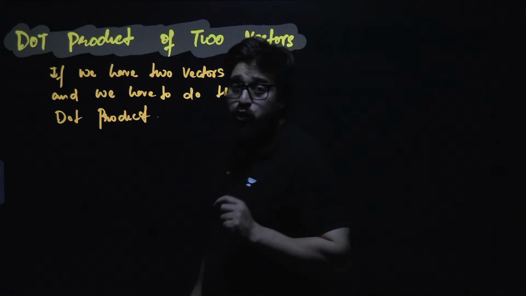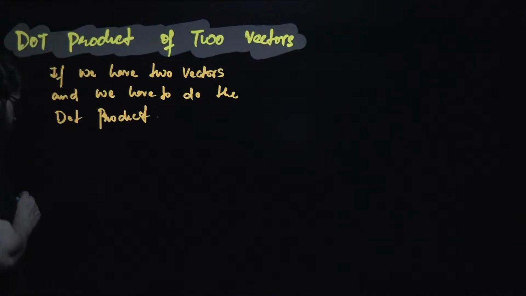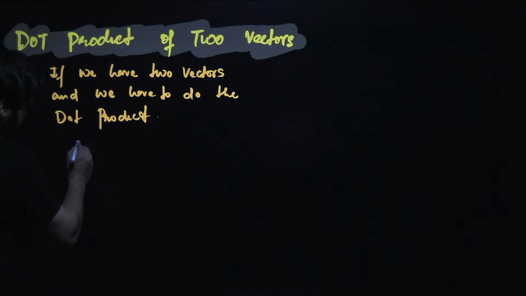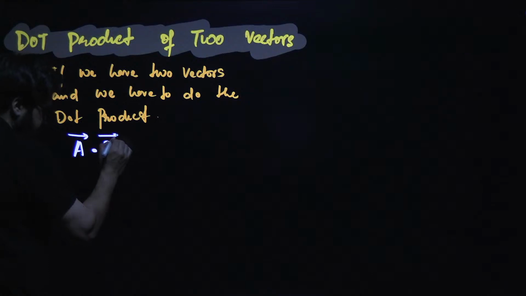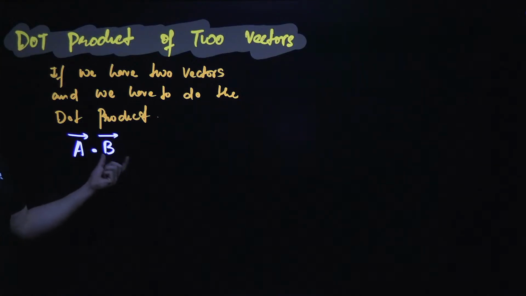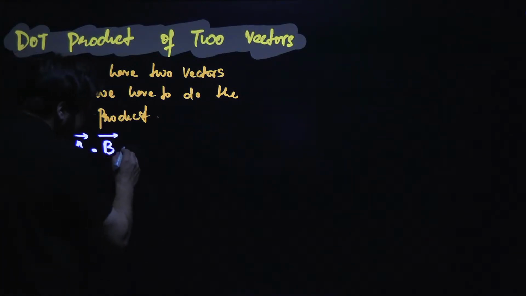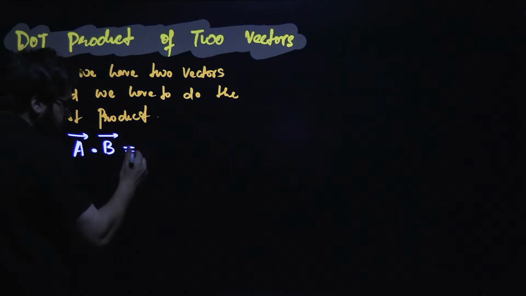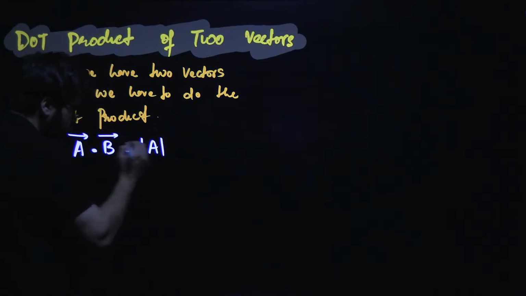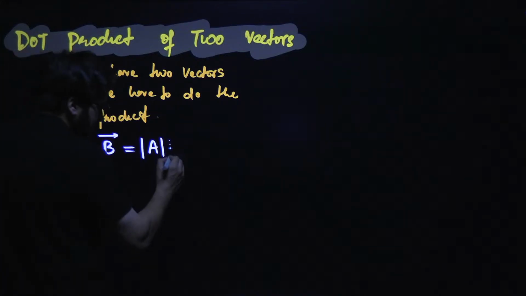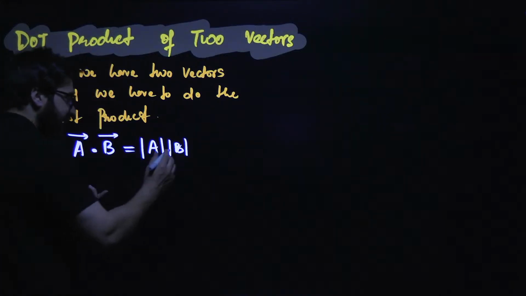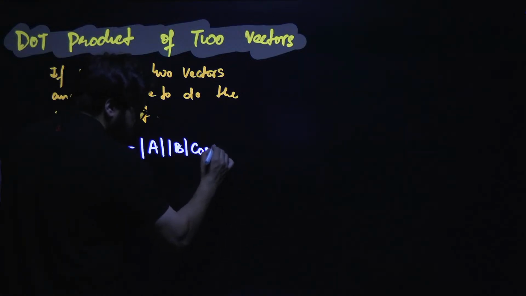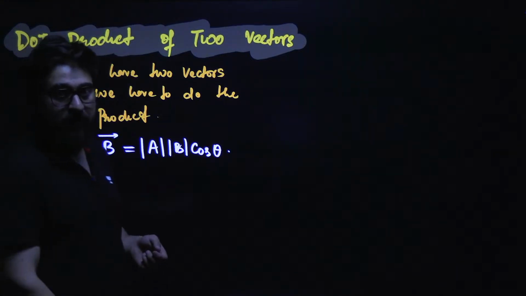What we are supposed to do in that particular case, I would want you guys to understand very carefully. Let's suppose we have a vector over here that is A, and we do its dot product with the vector B, something like this. This is A vector dot B vector. Its dot product will be simply magnitude of A, magnitude of B, and then cos of theta.